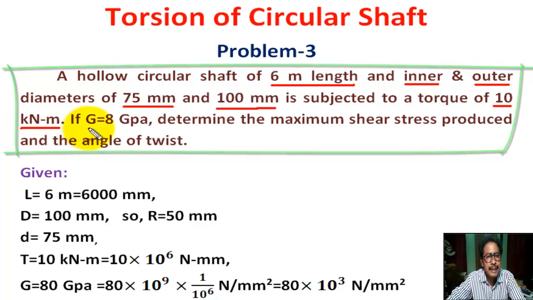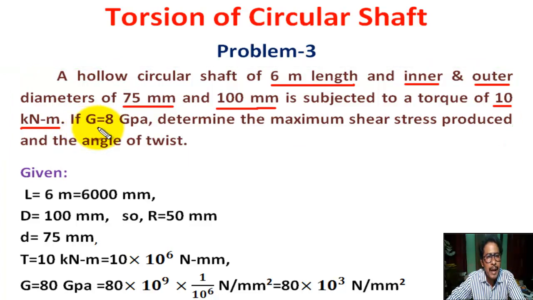If G equal to 80 gigapascal, G means modulus of rigidity. Determine the maximum shear stress produced and the angle of twist.